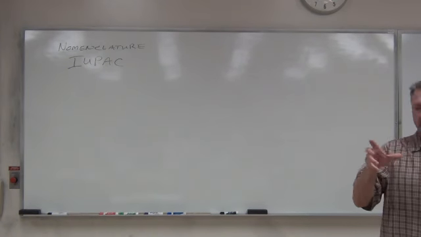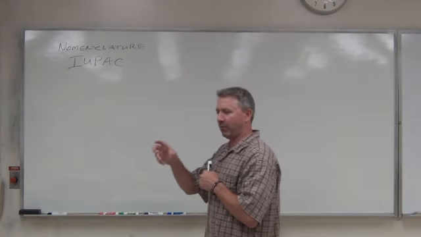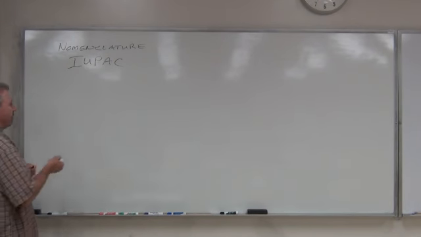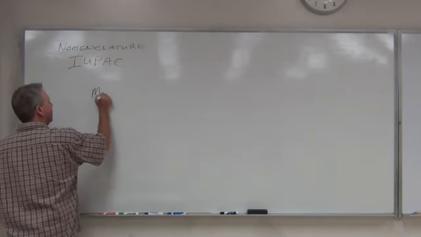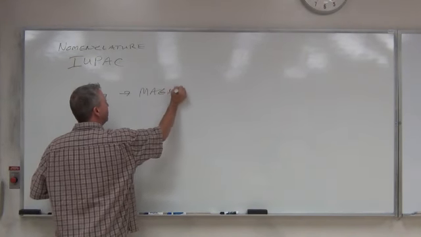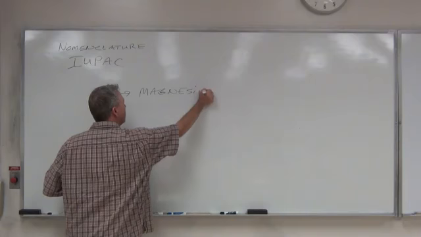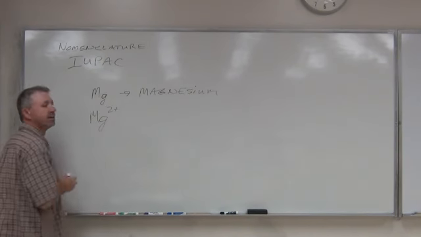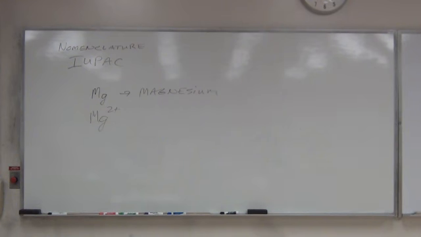So if we were to take something like this, this would be magnesium. But how do we differentiate that from this form of magnesium? We obviously have to have a different name, right?